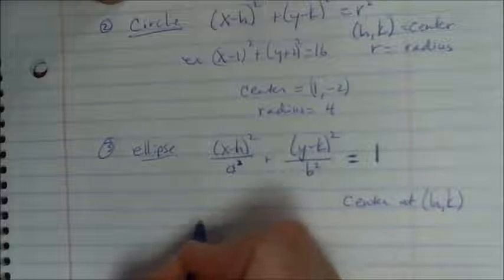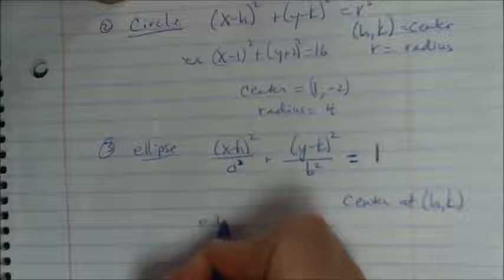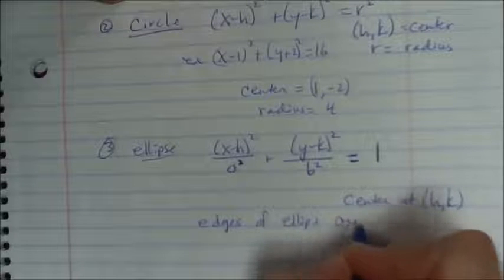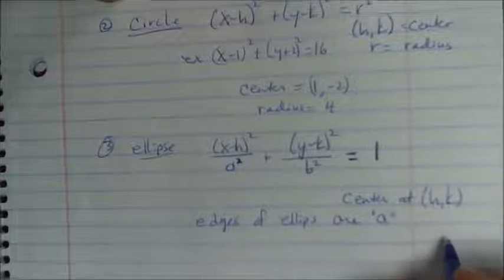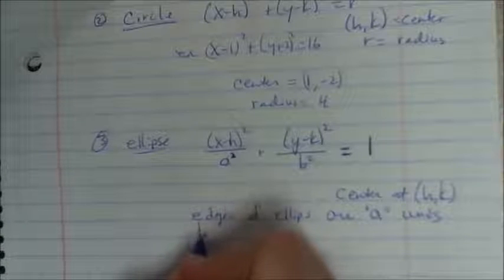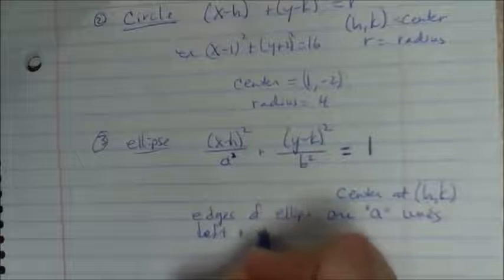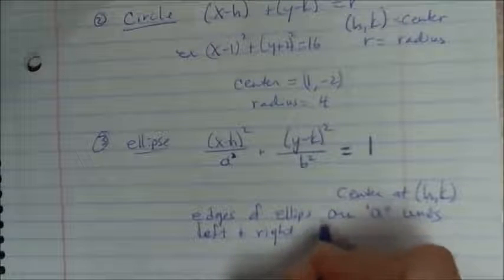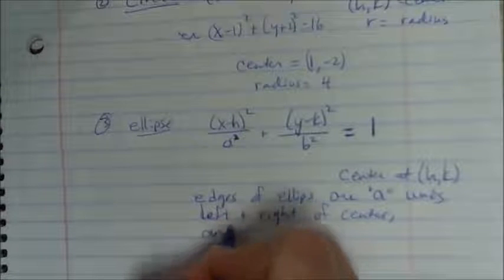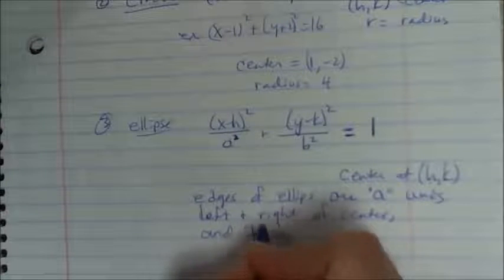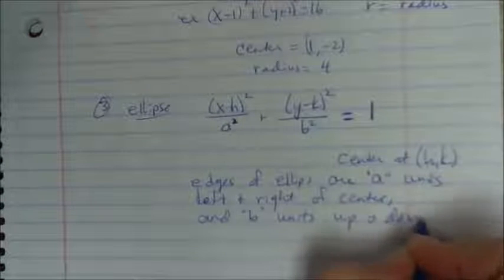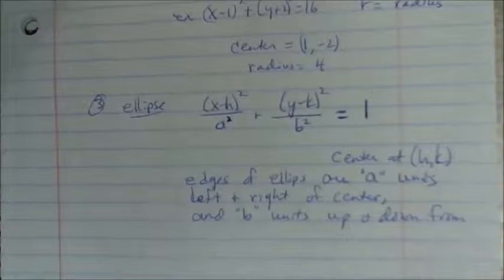That would be the edges of the ellipse. So a units left and right of the center, and b units up and down from the center.